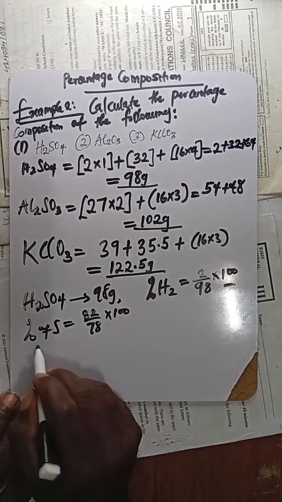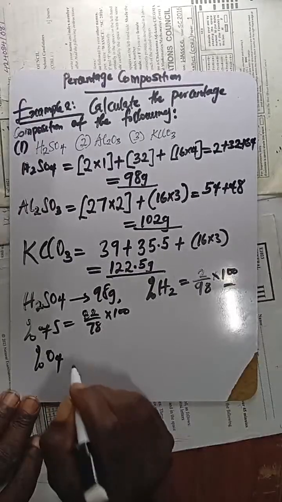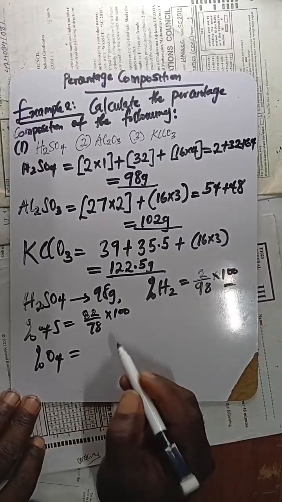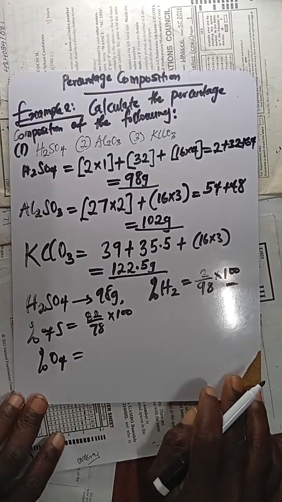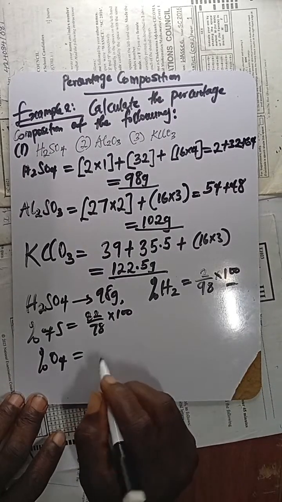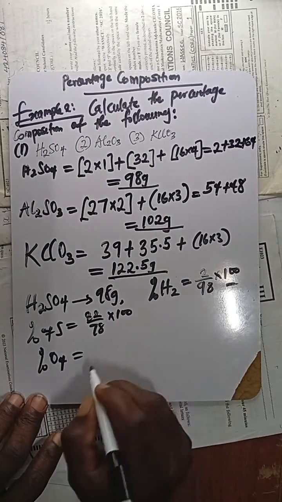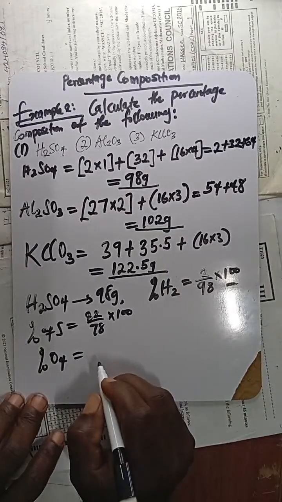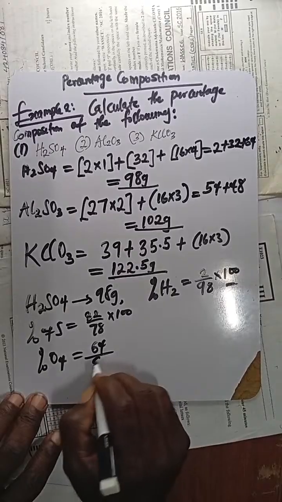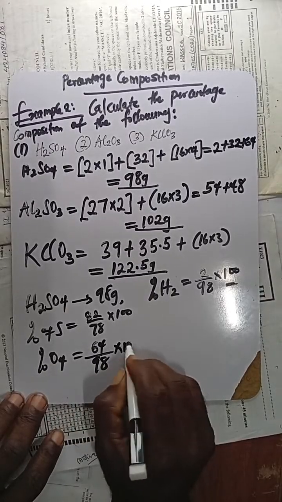So for the percentage of O4, we have 64 over 98 times 100.